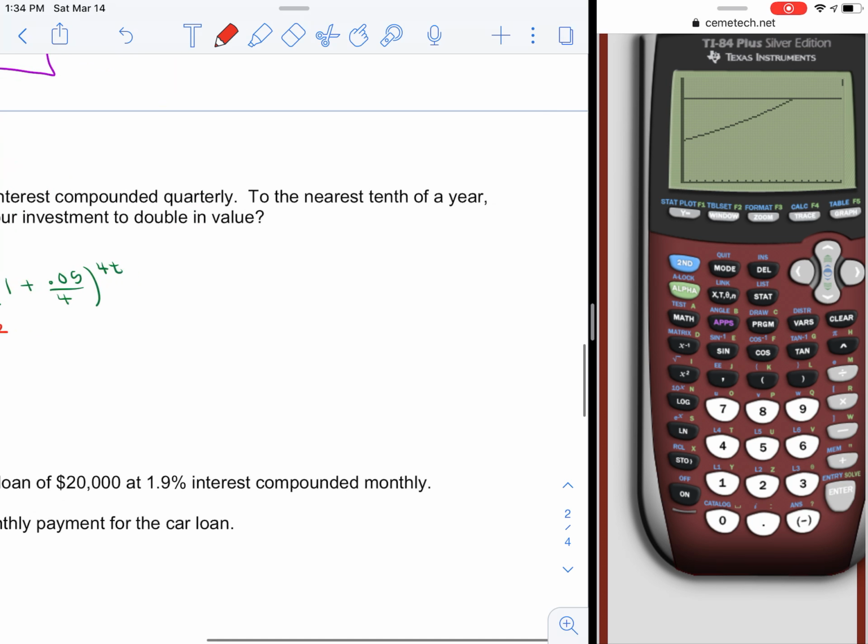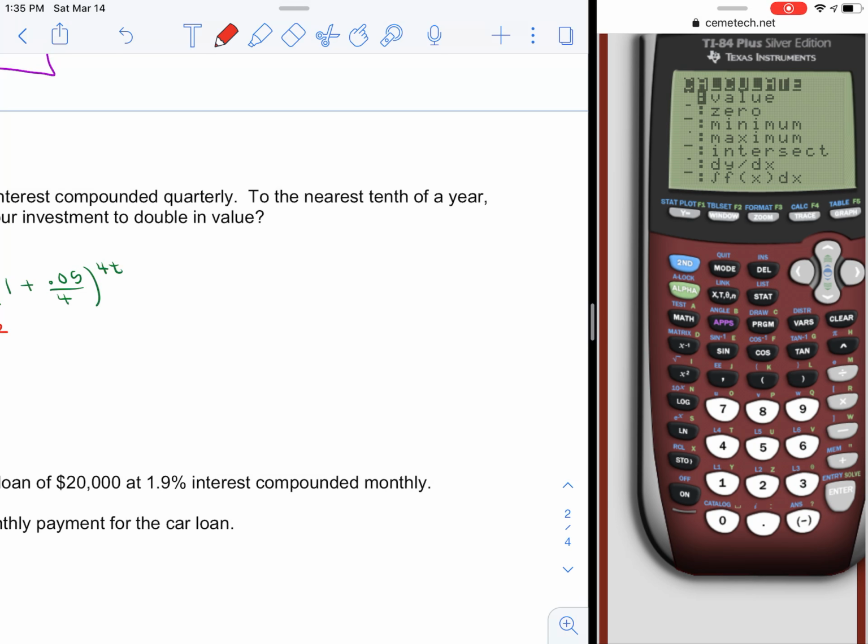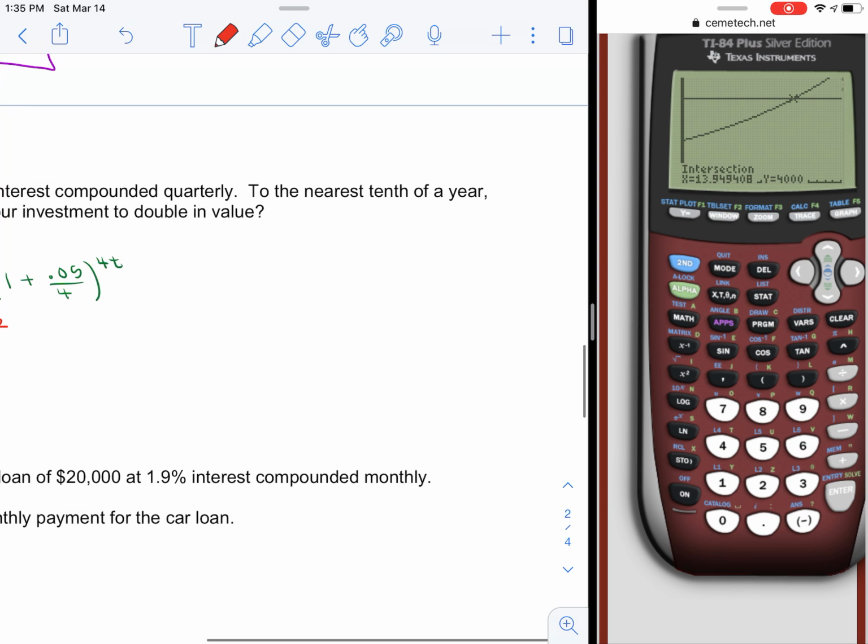So it looks like it's almost there. At this point, we can do second calculate and then that intersect option. Enter, enter, enter. And we should get this value for t to be approximately 13.9 years.